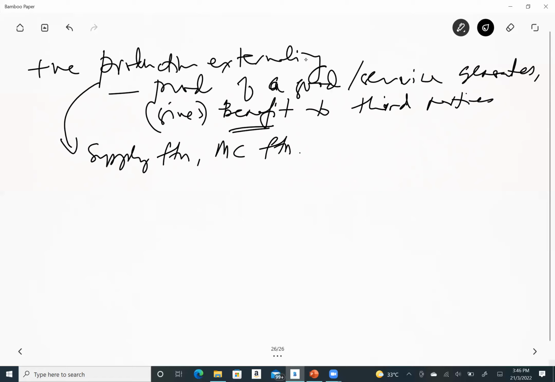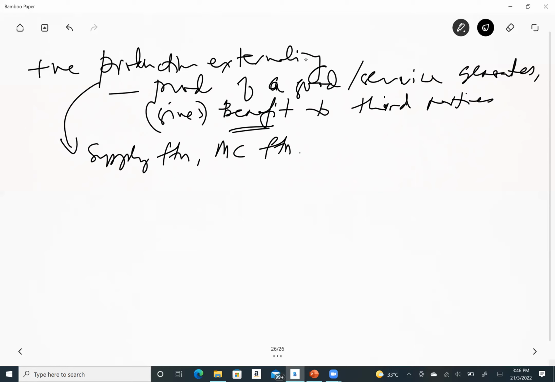So you have external benefit to the third party. So positive consumption activity. Okay, wait. Positive consumption externality.